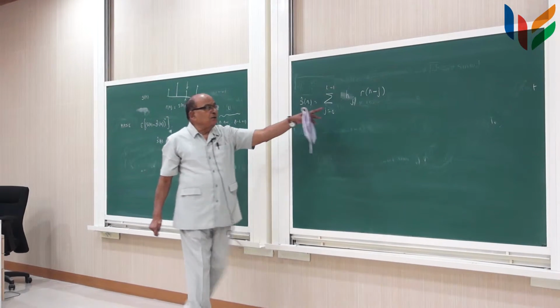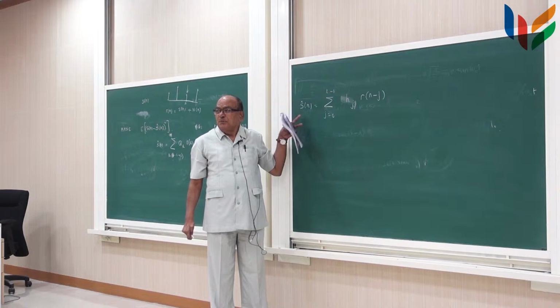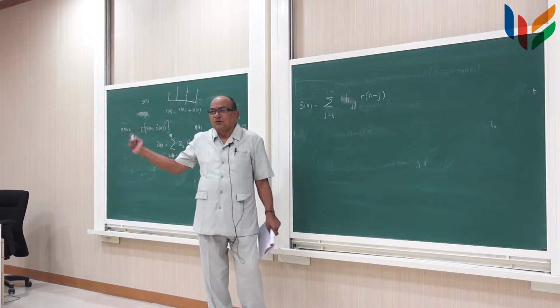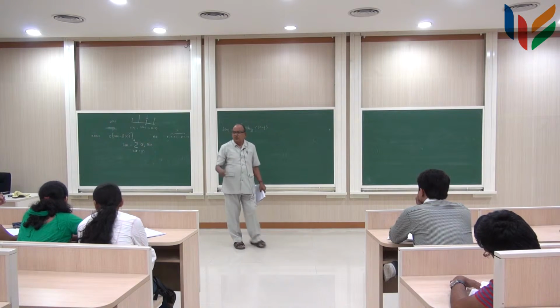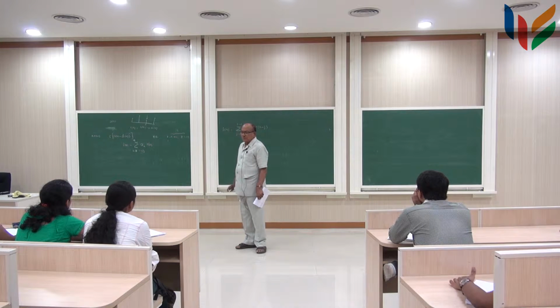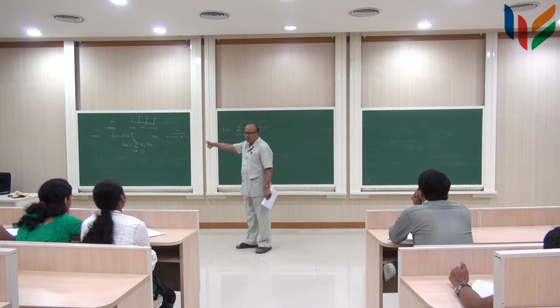Now I must optimize these h of j's such that this is a minimum mean square estimate of the value of the sample at value n, a sample number n. Are you with me? It's just a change of notation.